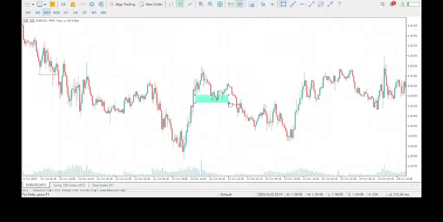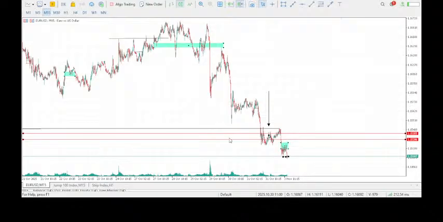So the way I use them myself is that I usually want them to be in a place where the market is having a double bottom, like this one that I'm drawing here. Like the market is having a double bottom right here, right?